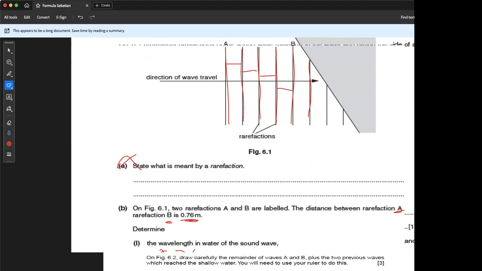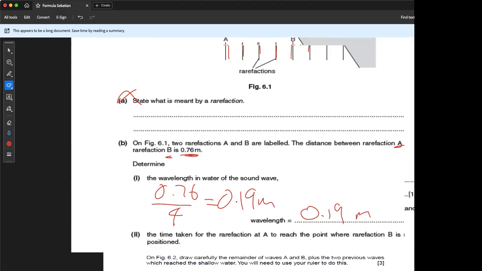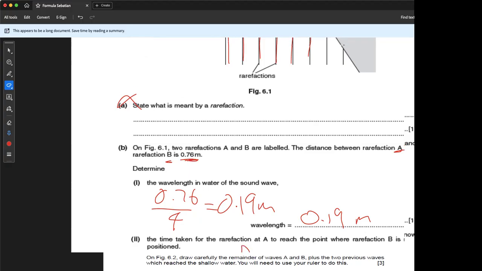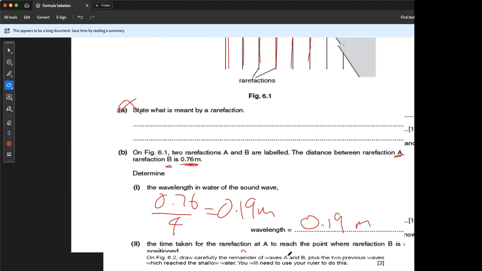Good. Then after that, how to do this question? Speed equals distance over time. Your time would be essentially distance over speed, right? So how much is the distance this time? It'll be 0.76. How do I find the speed of the wave?